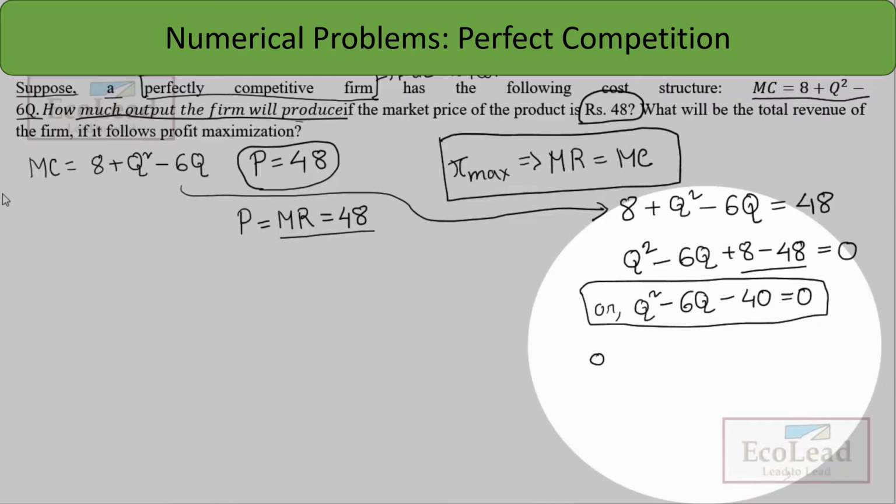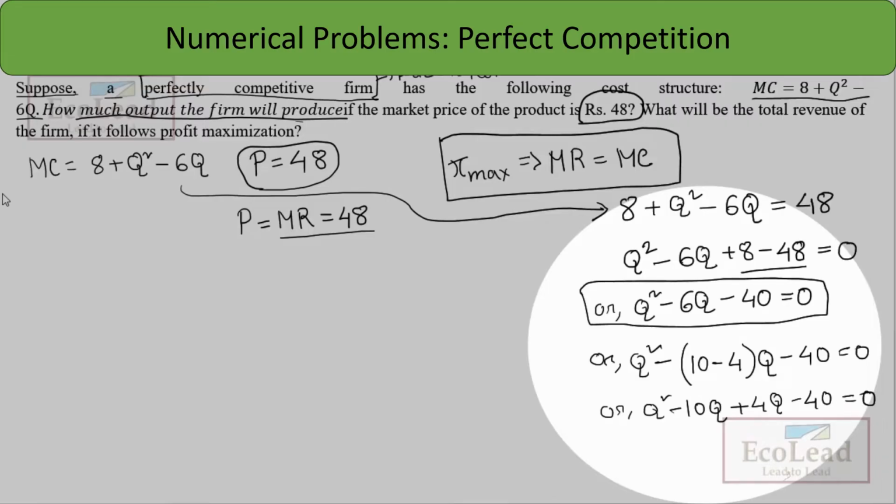Here we can write 40 as 10 into 4, so we can write it as q square minus 10q plus 4q minus 40 equal to 0.